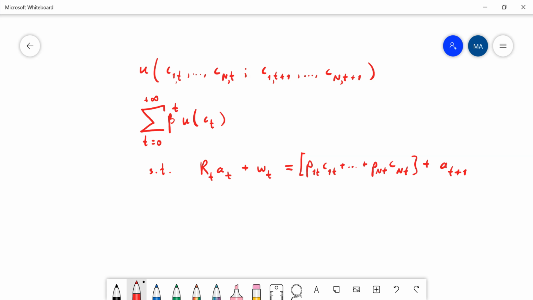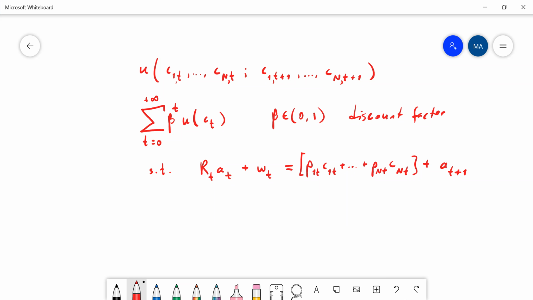And why is that important? So here beta is called the discount factor. Why is that important? Because today is more important for us. Here, consumer is impatient.